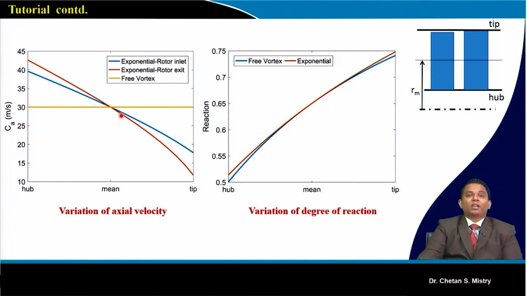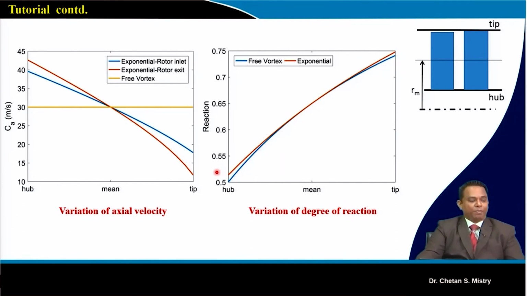In line with that, near the tip region, our axial velocity at the exit is lower. Okay. And if we try to compare the degree of reaction, we can look at these numbers. There is not much variation in degree of reaction, both near the hub and tip region. So this gives a different kind of feeling.